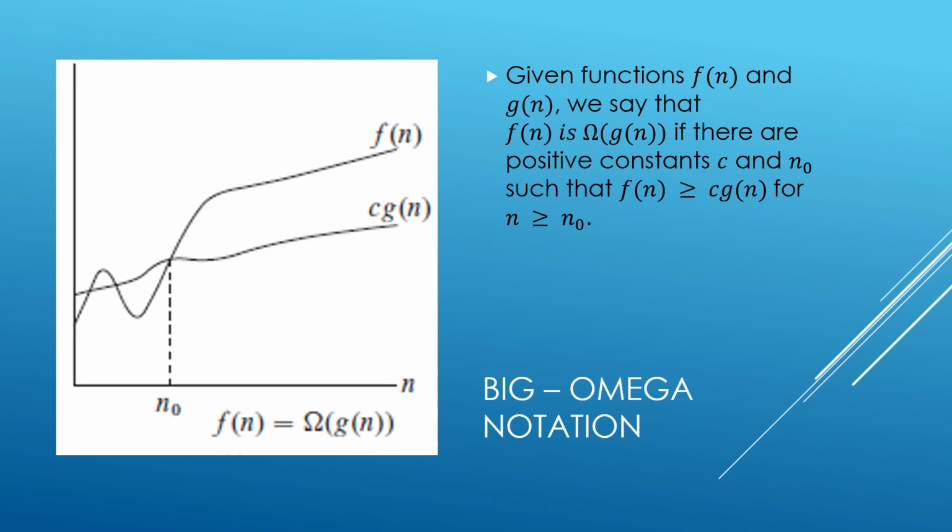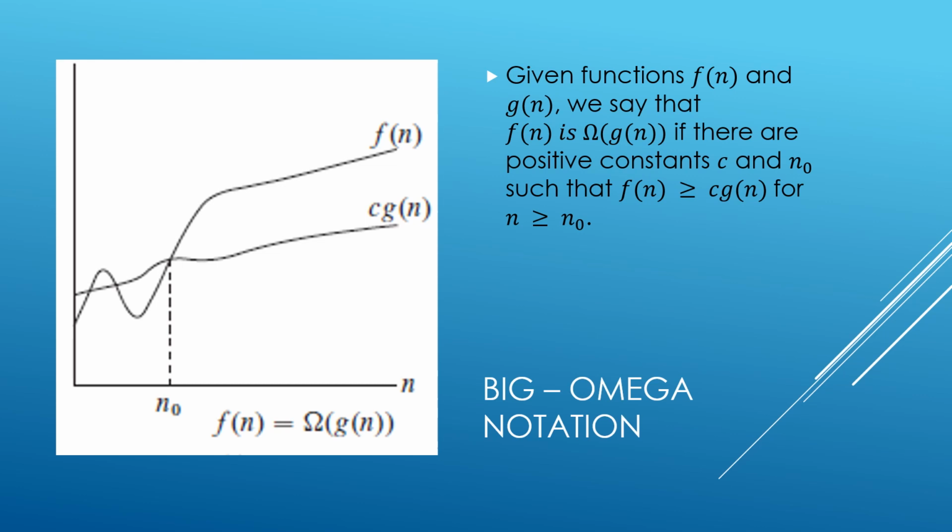n0 may not be the point at which the two curves cross. n0 is just a point beyond which, if you move towards positive infinity, every value of f(n) is greater than or equal to every corresponding value of c g(n). The lowest value of n0 must be 1.